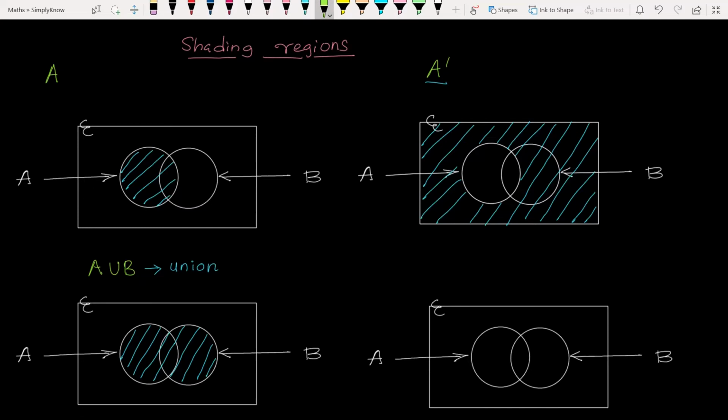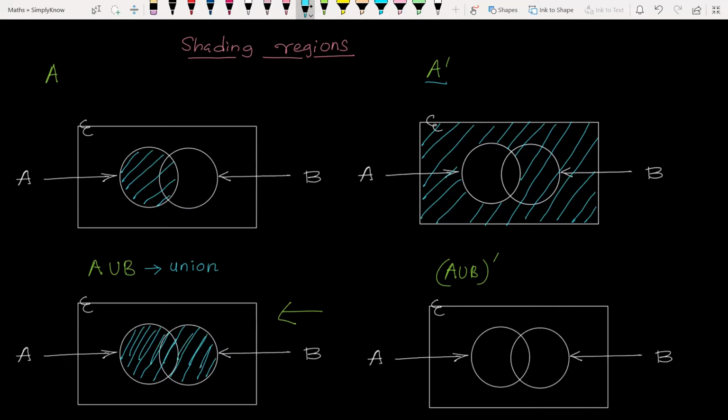Now, what about the complement of A union B? Now here we need to shade the opposite of what we did here. We need to shade everything outside A union B. So this part is A union B, this region.